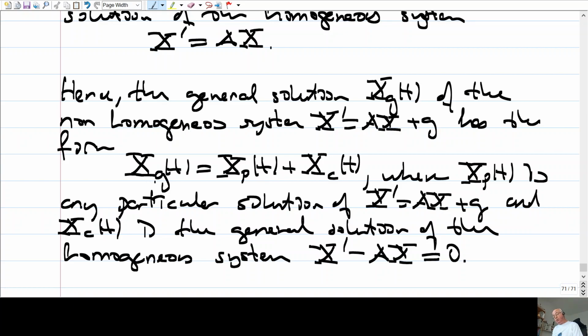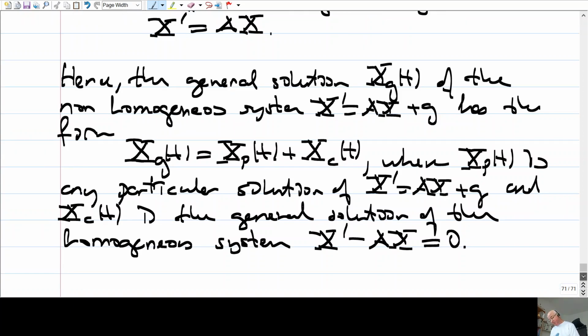So to write down the general solution, all you need is one particular solution of the non-homogeneous system along with, of course, the general solution of the homogeneous equation. But we already know how to obtain the general solution of the homogeneous equation. So to write down xg, we have to find a particular solution.